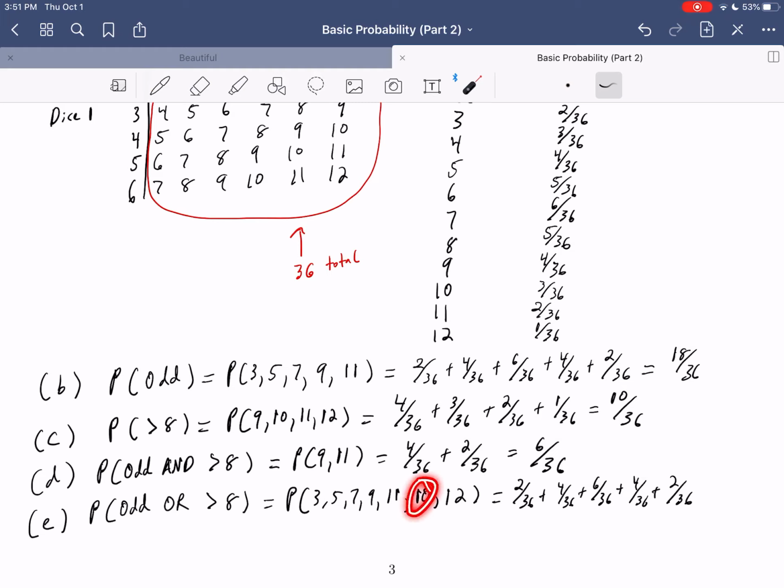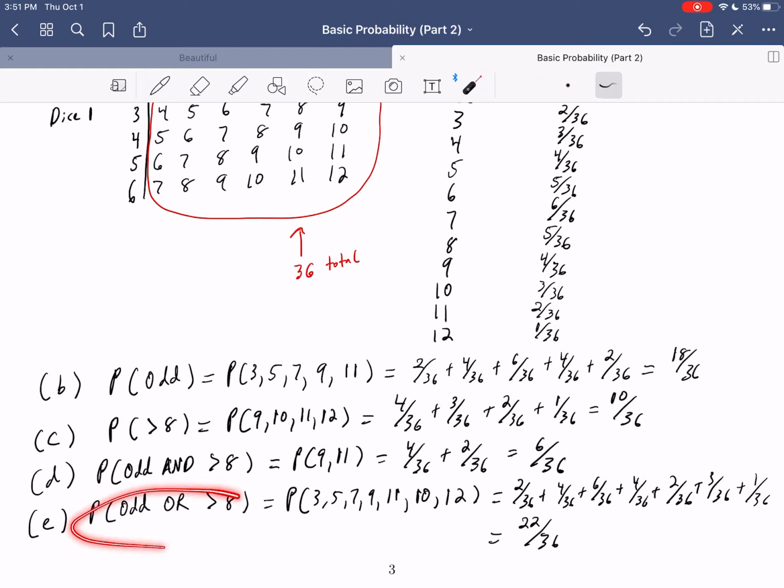Then for the 10, that would be 3 out of 36. And then for the 12, that would be 1 out of 36 plus 1 out of 36. And if we put all that together, what do we get? 2, 6, 12, 16, 18, 21, 22. So we get 22 out of 36.